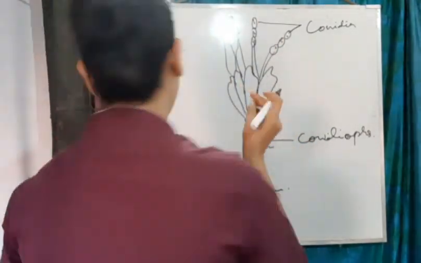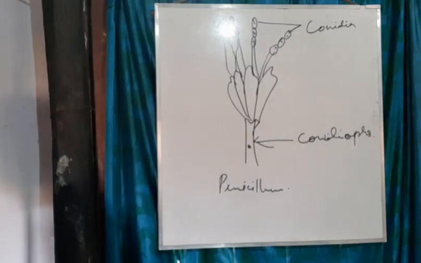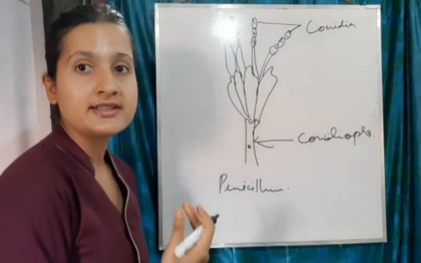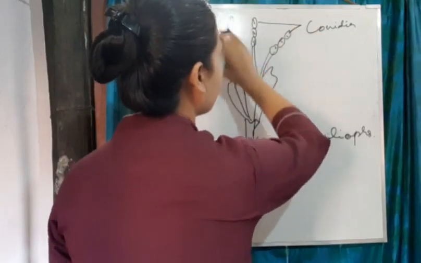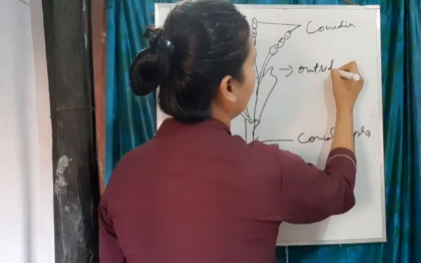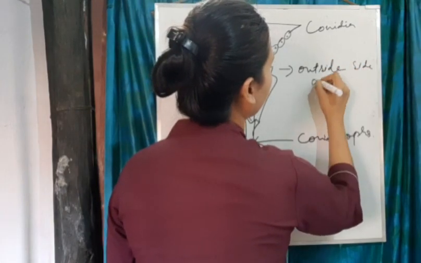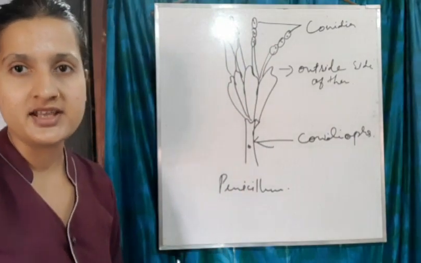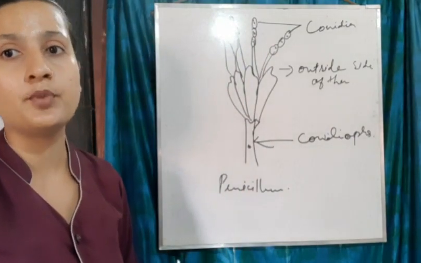All right, now what is this conidia? So here spore formation takes place. These are spores, okay? Conidia, what is this? Spores. And this takes place outside of the body, or you can say external sporulation takes place, and it is also called exogenous sporulation.